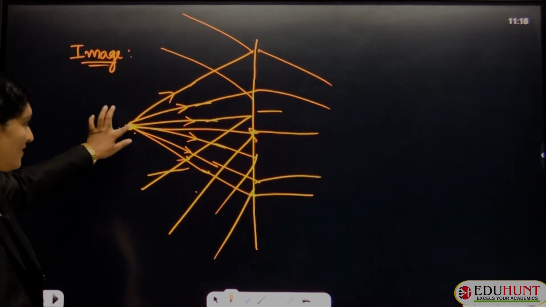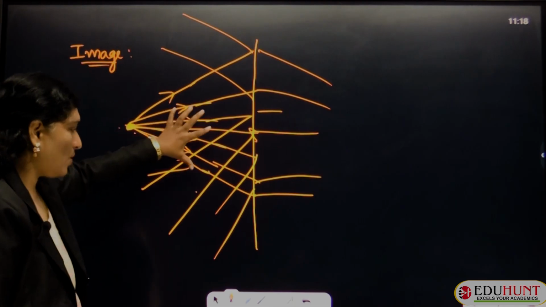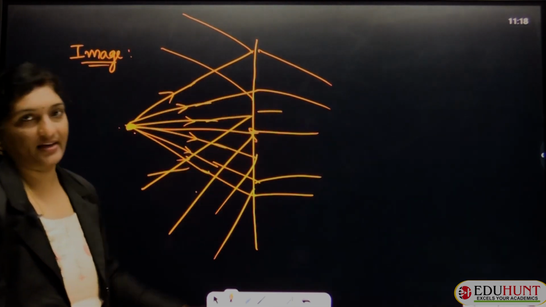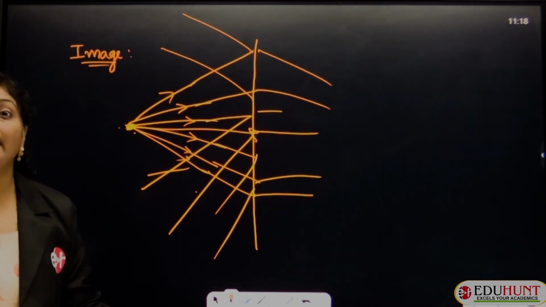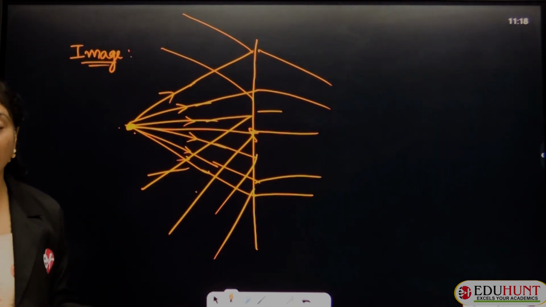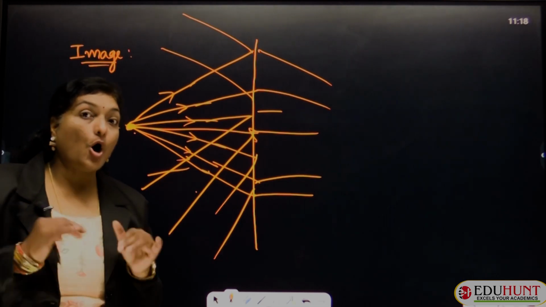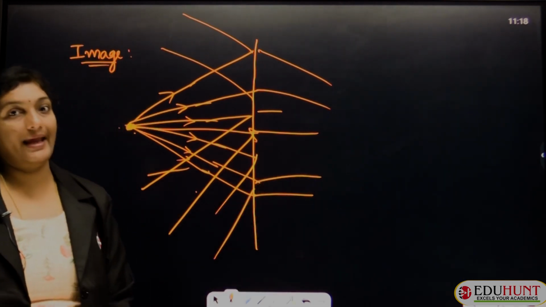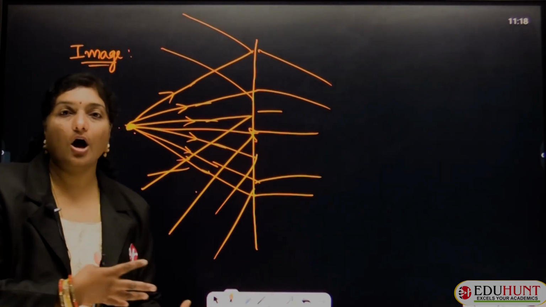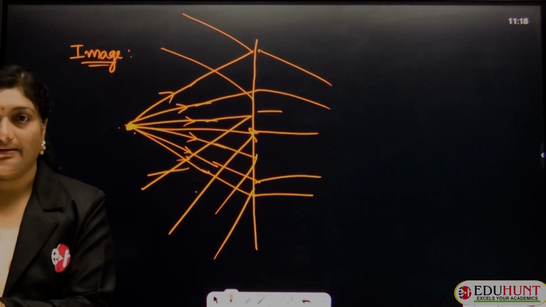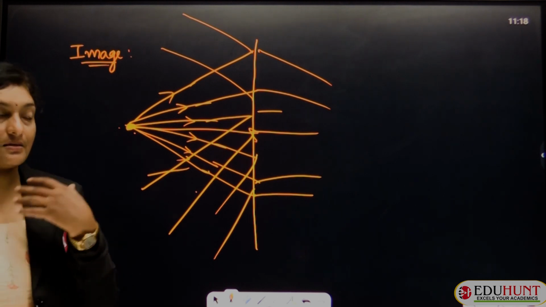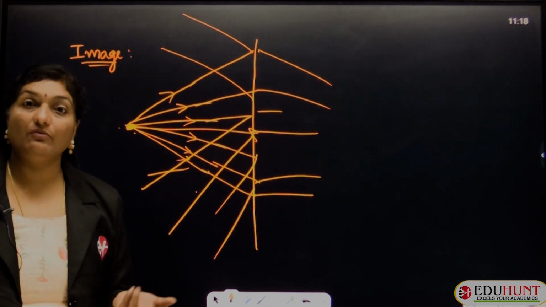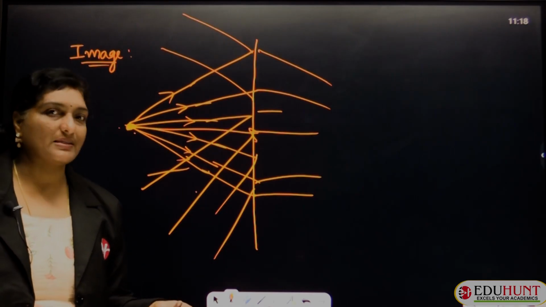So the rays of light diverging from a point either after reflection or refraction actually meet at some point, or appear to meet at some other point. Either they directly meet or they appear to meet. They seem as if they are meeting, really they won't meet, but we observe it as so. It happens generally in the mirror.